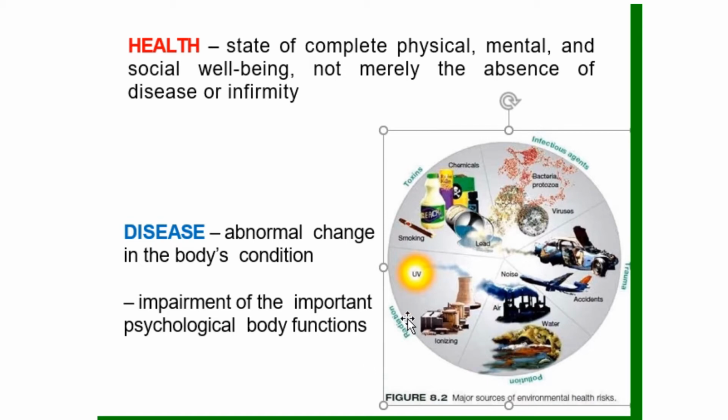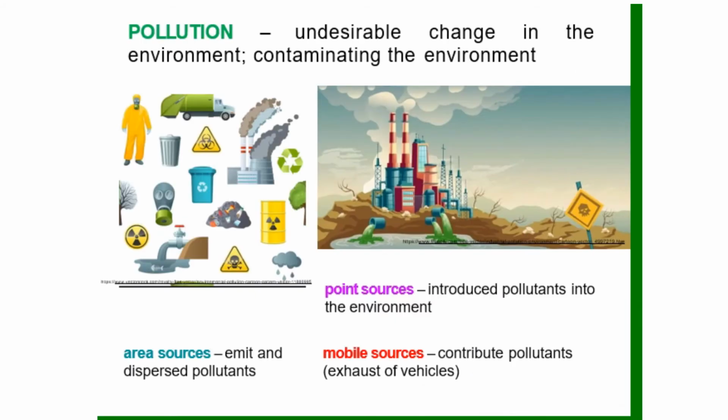Lastly, we have radiation, so ultraviolet rays from the sun, and we also have ionizing radiation from the factories, which is not good simply because radiation could alter our genetic makeup, and it could cause mutations of a certain organism or living entities.